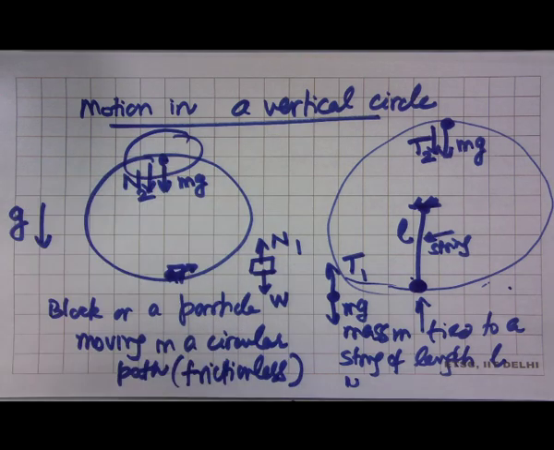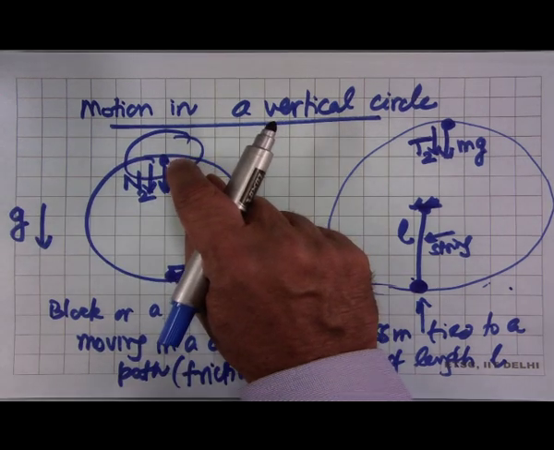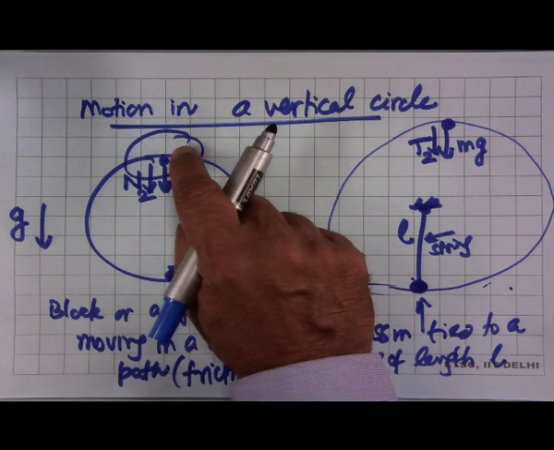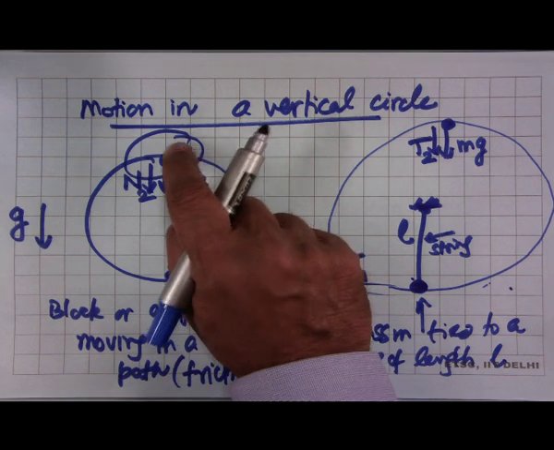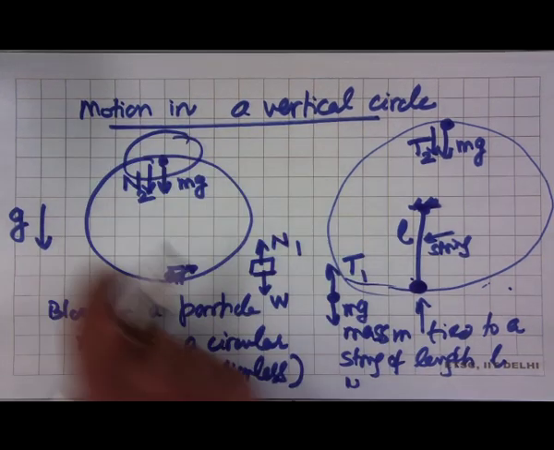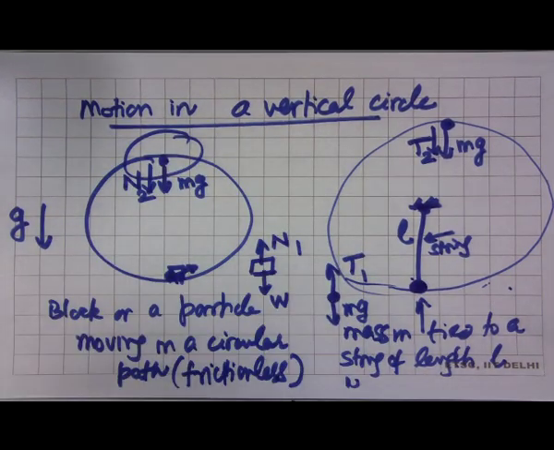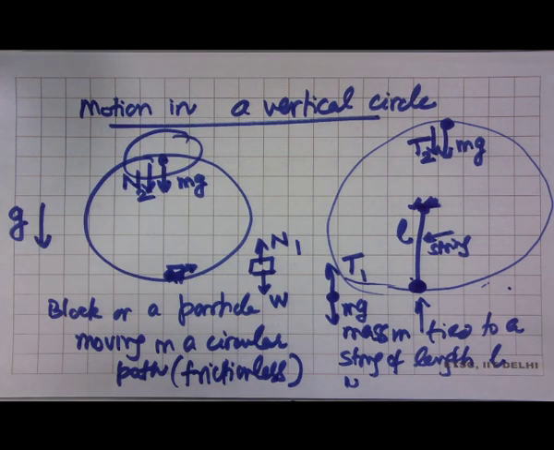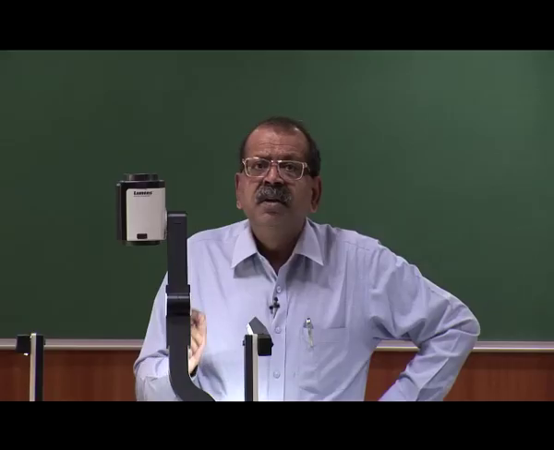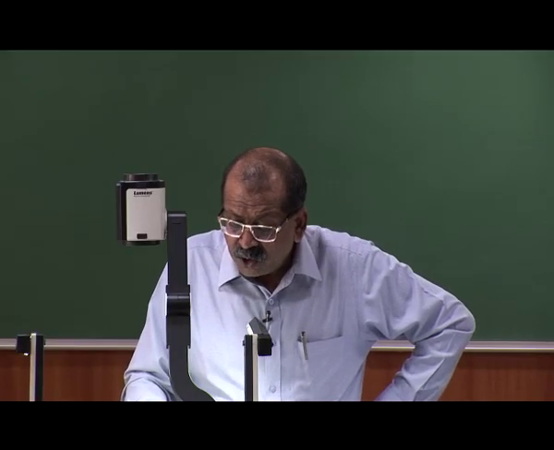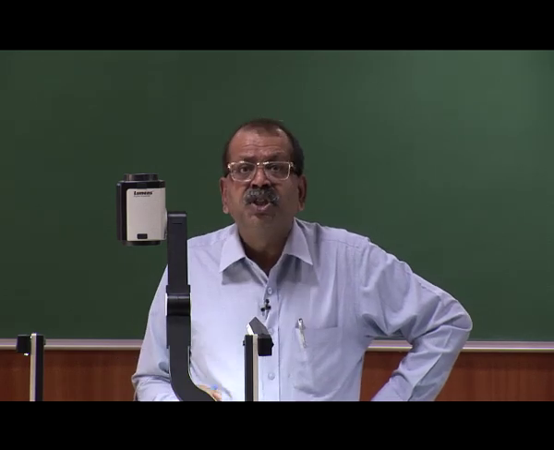How much should the velocity at the top point be, so that it is just able to complete this circle? And the condition for completing the circle will not come from velocity, it first has to come from the normal reaction or the tension T.